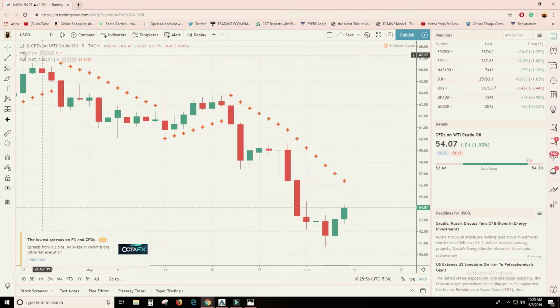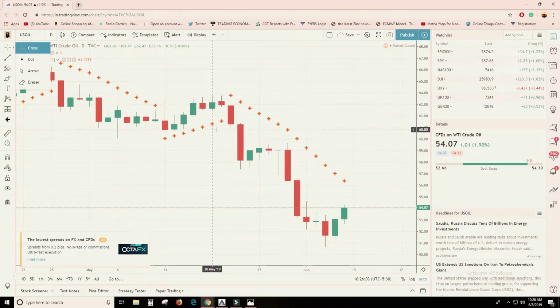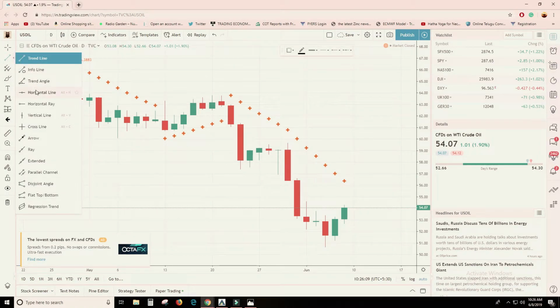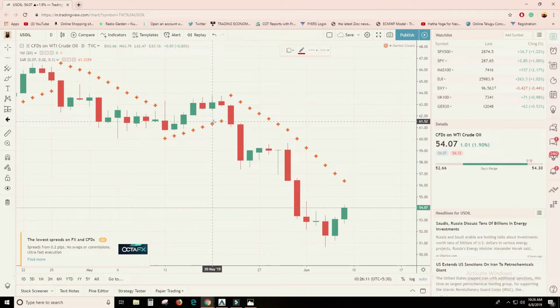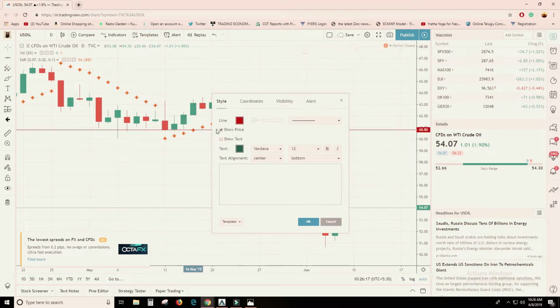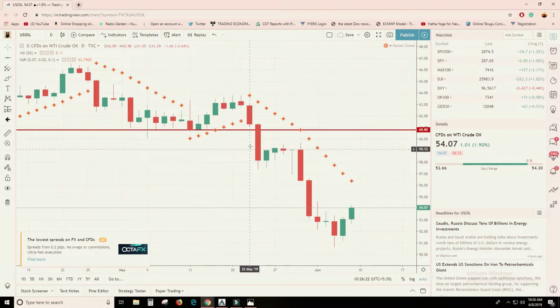But when I count 1, 2, 3, 4, I keep a horizontal line. The next day candle closed below this line, and we can see the downward continuation.